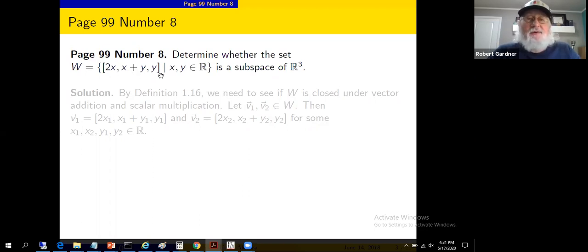Take x to be 0 and y to be 1, and it gives you (0, 1, 1). So you just choose different values for x and y and they produce different vectors. That's the kind of vectors that are in set W. It's a subset of R3 because the vectors have 3 components. The question is to determine whether it's a subspace of R3.